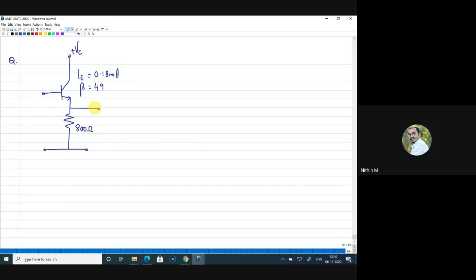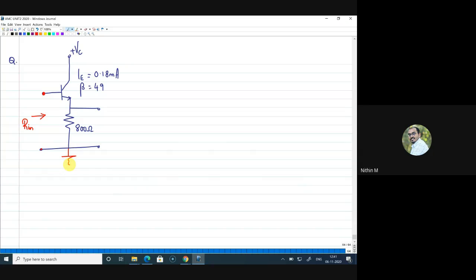You are asked to find the resistance seen this side, which is Rin. When I say resistance seen this side, it is the resistance measured at the base with respect to this point, which you can think of as a ground or reference point.